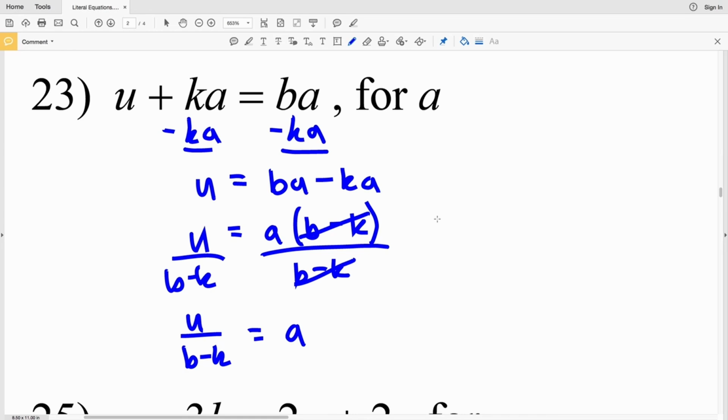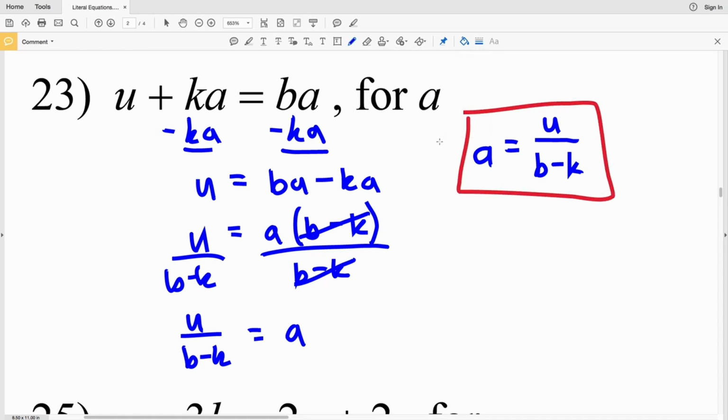However, I'm going to put the variable that we're solving for on the left side, just like we've been doing in all the previous problems, which is an easy step. We're just going to flip the equation. So it's going to be a equals u all over b minus k.